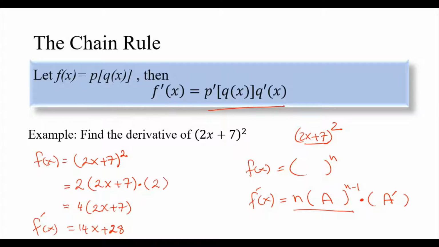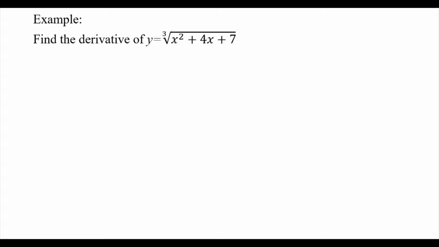Let's go to a different example. Let's see if we can find the derivative of y is equal to the cube root of x squared plus 4x plus 7. Now, we don't have a rule for the cube root, but we can turn roots into exponentials. So we can rewrite this as y equals x squared plus 4x plus 7 all to 1/3. Now notice how this is similar to the previous example.